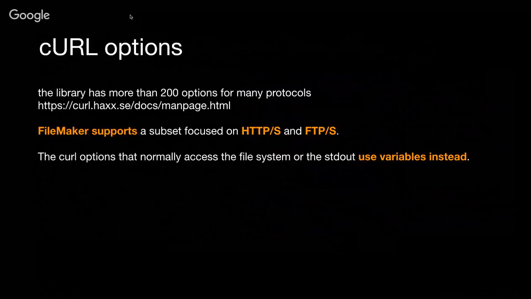One big difference, if anyone has had experience with curl before, is that in curl we can work with files on the file system, but because we are going through FileMaker, FileMaker doesn't want us to access files directly, so we will use variables instead. That's the way that FileMaker lets us interact with the file system.